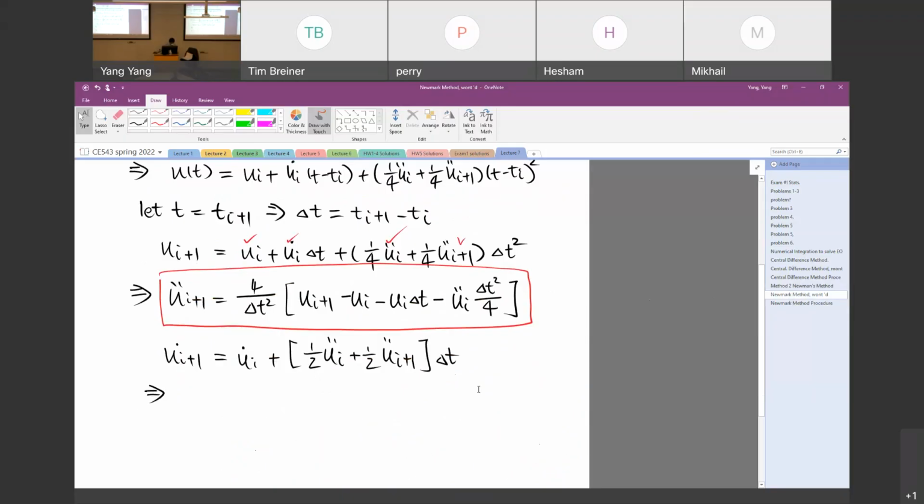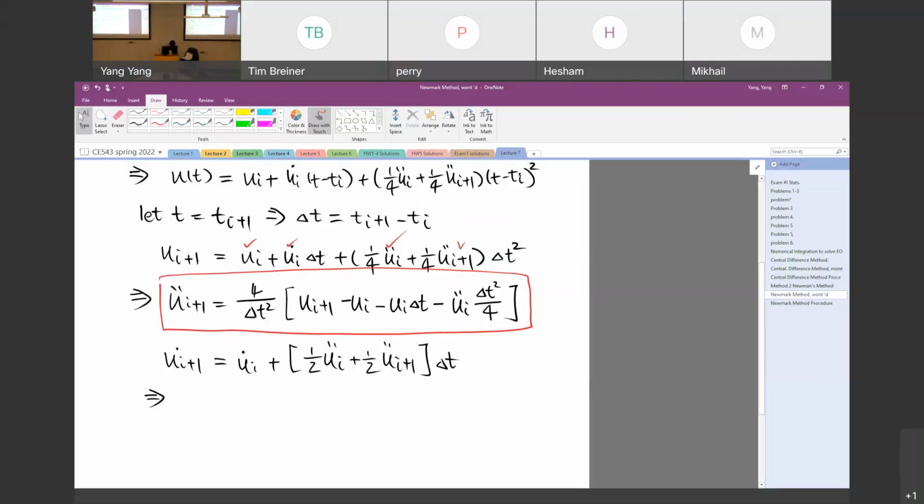And now we express the, okay. So now we just substitute the acceleration because we have already expressed the acceleration at the time t. Actually, we just substitute the top equation to the bottom one. So we will have the velocity here.